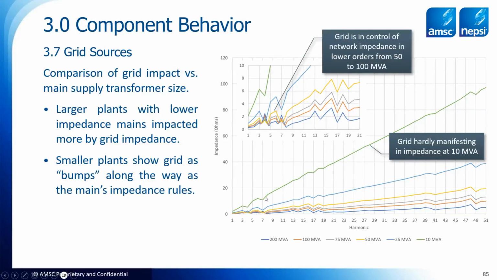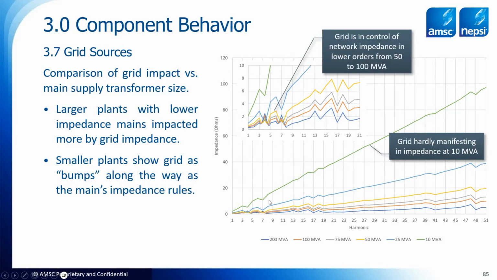There's a couple bumps along the way. So in this condition, all of the variation of the grid is being masked by the buffering impedance of the main supply transformer. It's dominating the picture of the impedance.